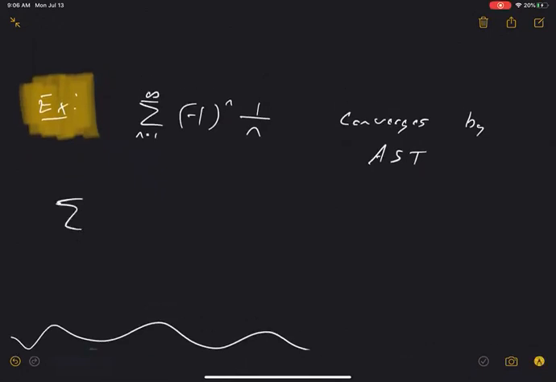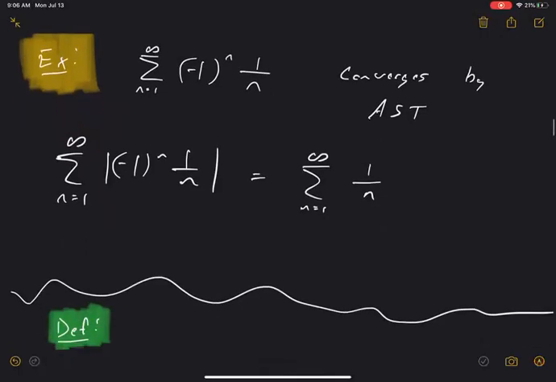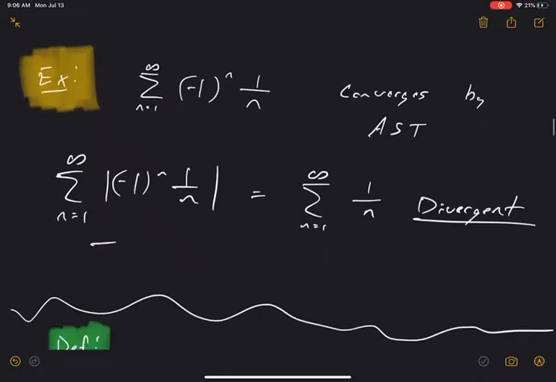But if we consider the series of absolute values, what does that give us? Let's take the absolute value of everything. Then we just end up with the harmonic series. And this is our most famous divergent series. All right. So we have an example of a series a sub n that's convergent, but the series of absolute values is divergent.